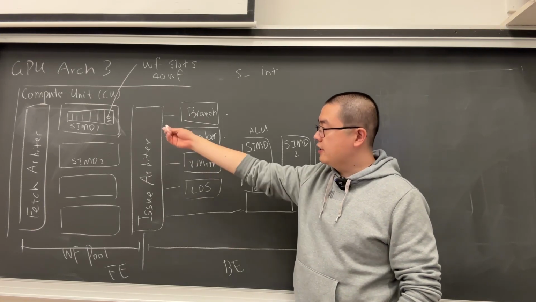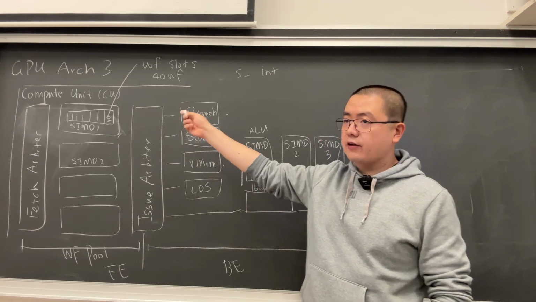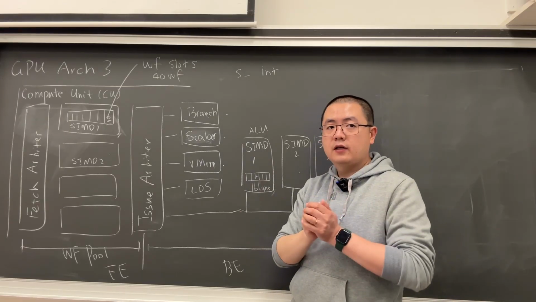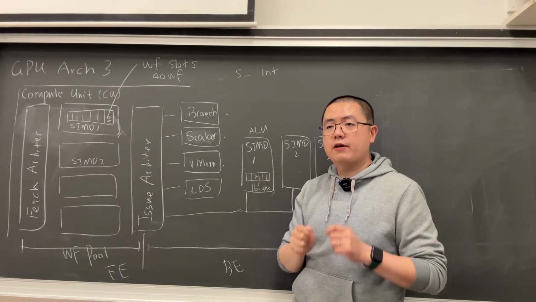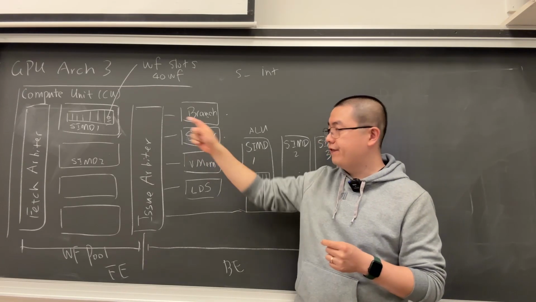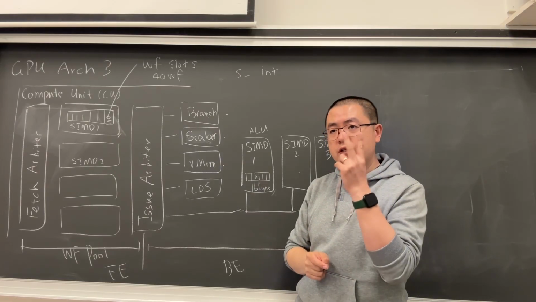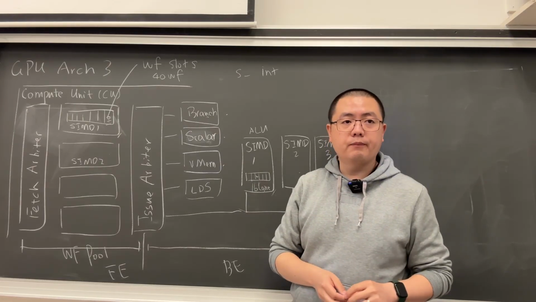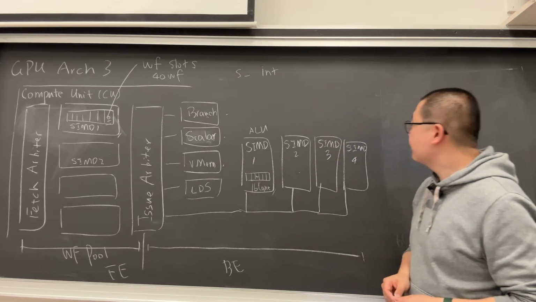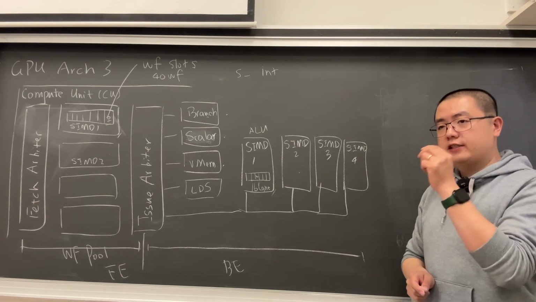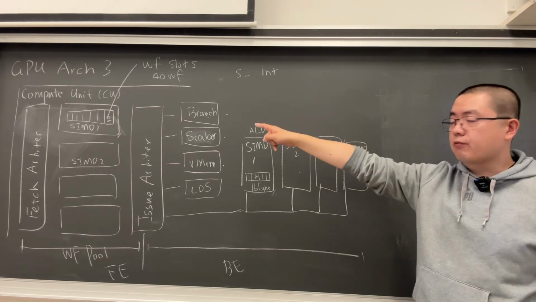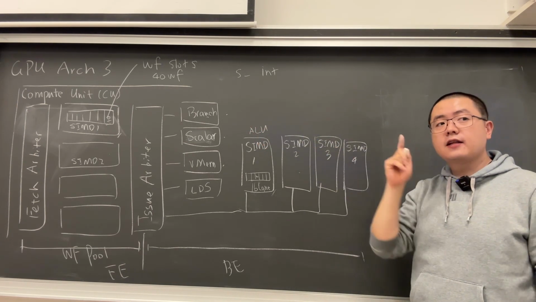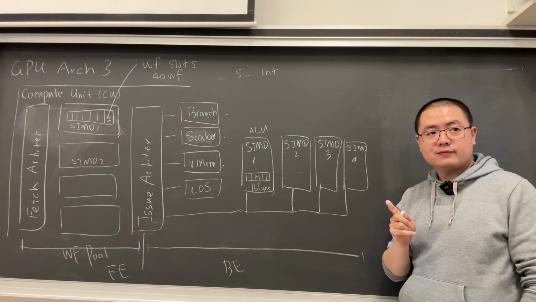So if this can be guaranteed, then from 1 wavefront, it's impossible for 2 instructions to be in the pipeline. Now, if that is the case, from the perspective of 1 wavefront, it's not a pipeline execution.